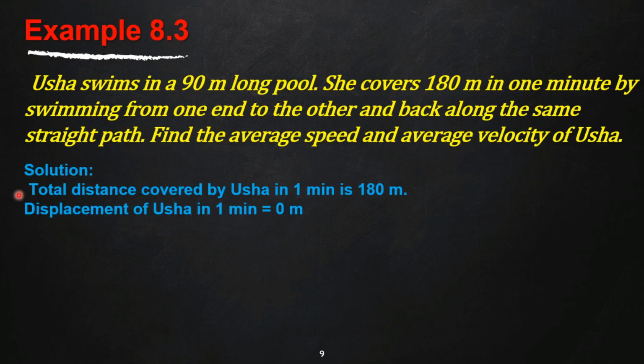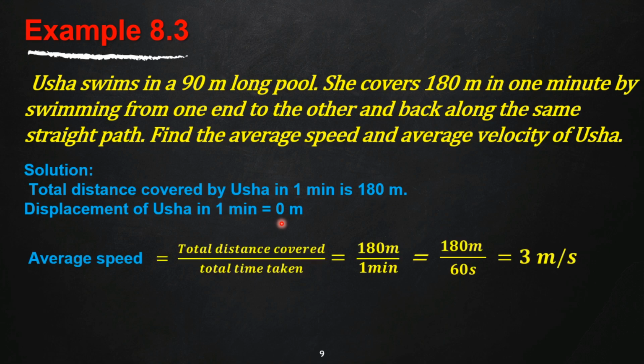The solution: total distance covered by Usha in 1 minute is 180 meter. Now, Usha moves from original position to other side and comes back to the original position. So, final and original position are one and the same. So, displacement in 1 minute will be equal to 0 meter.